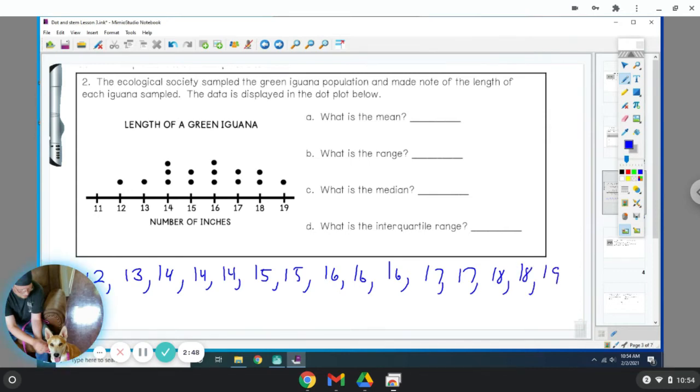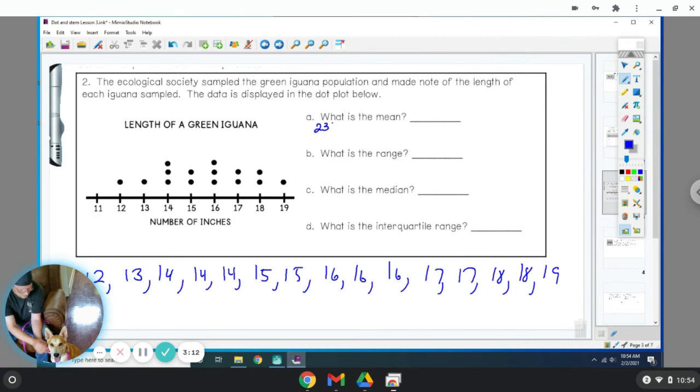To find the mean, you're going to add them together. So you're going to do 12 plus 13 plus 14 plus 14 plus 14 plus 15 plus 15 plus 16 plus 16 plus 16 plus 17 plus 17 plus 18 plus 18 plus 19, and you get a sum of 234.